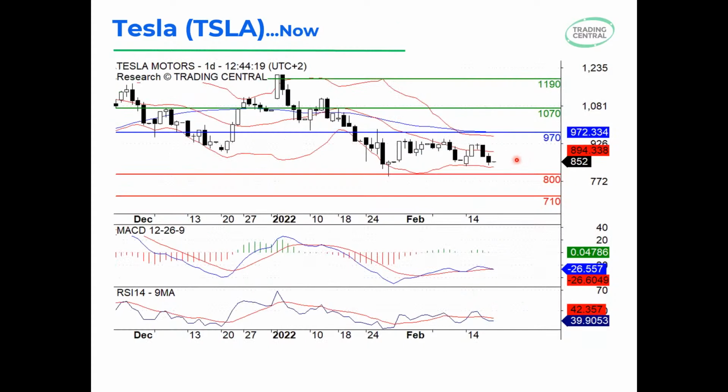Now this is the updated chart. We can see that the share price is below both the 20-day and 50-day moving averages. And you know what these are, right? MACD and RSI, not good. We are still seeing downside momentum.